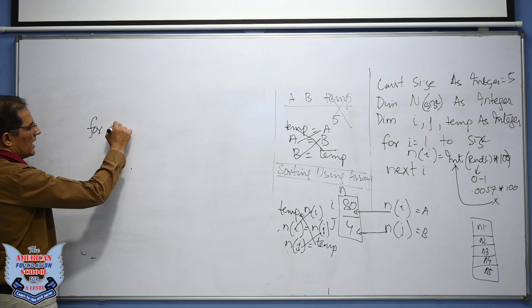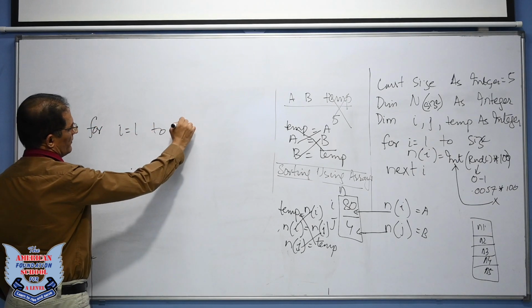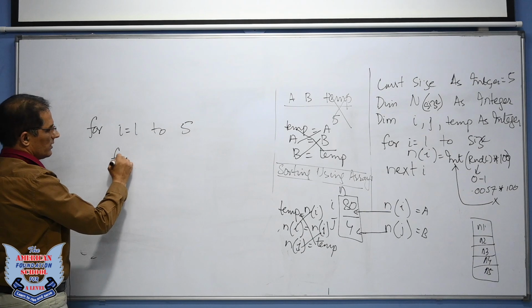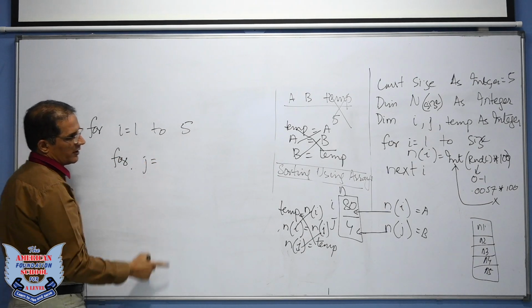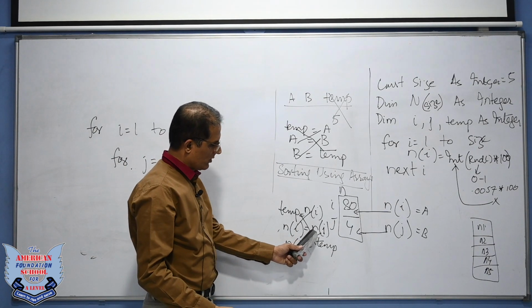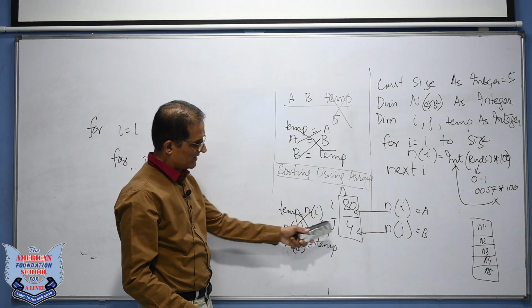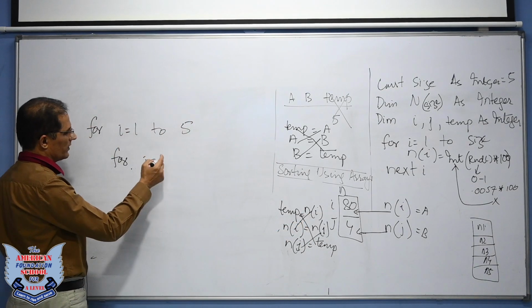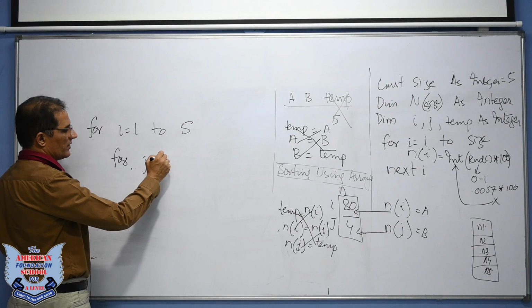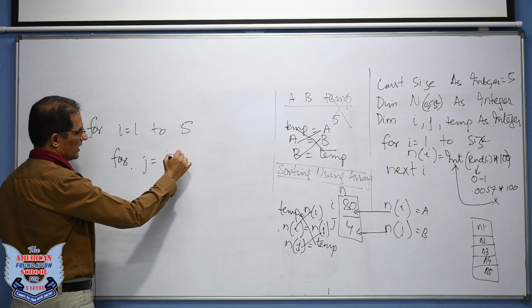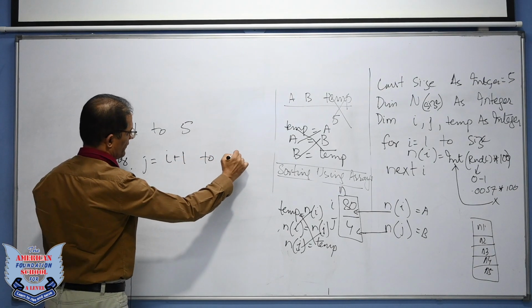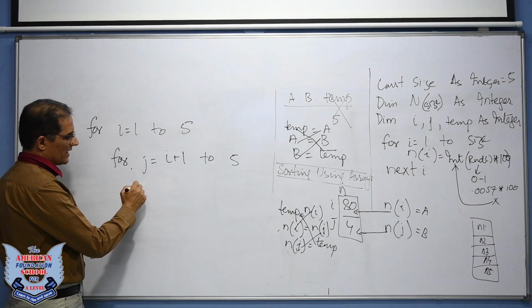For I is equal to 1 to 5, for j is equivalent to, now remember, j would begin from the next location, and how will you get that? I plus 1 to 5. And then you can compare the elements.